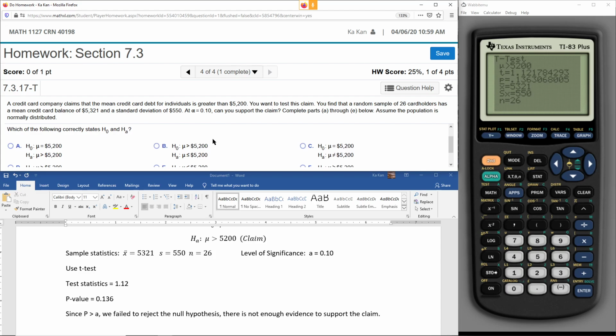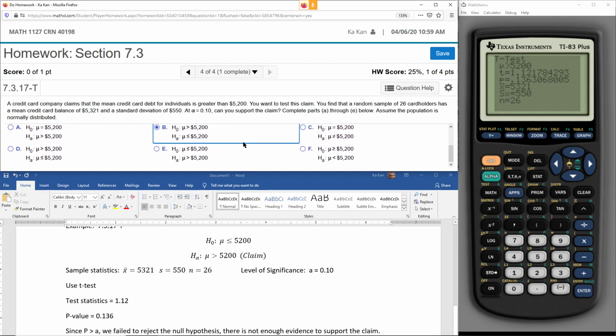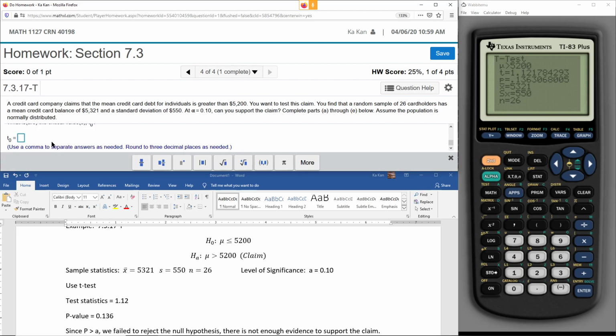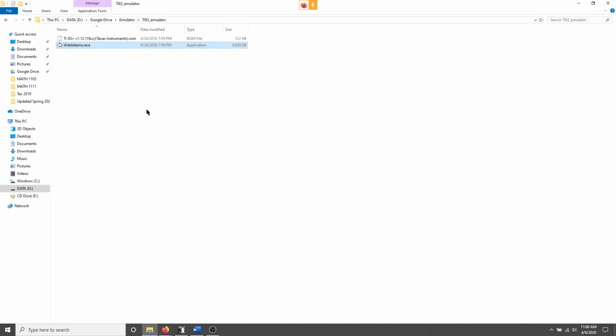What we got here? Let me scroll up a little bit. Less than or equal to, which is right here, and bigger. And then, what are the critical values? They want the critical value, t0. This is when you have to use the formula sheet. The critical value is something you have to refer back to the first 7.1 lecture.